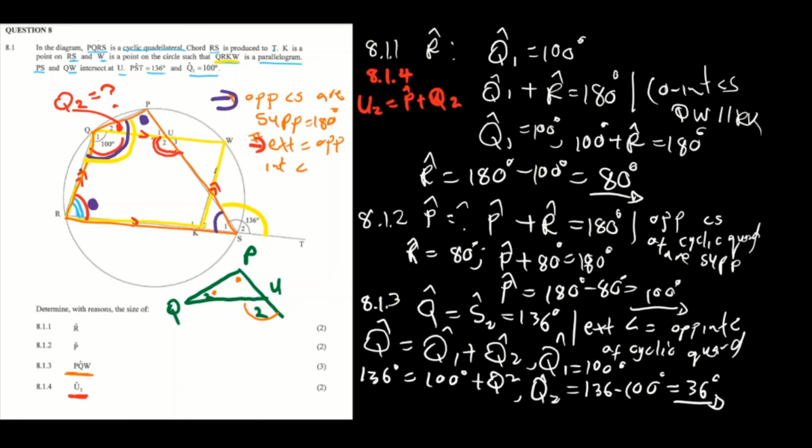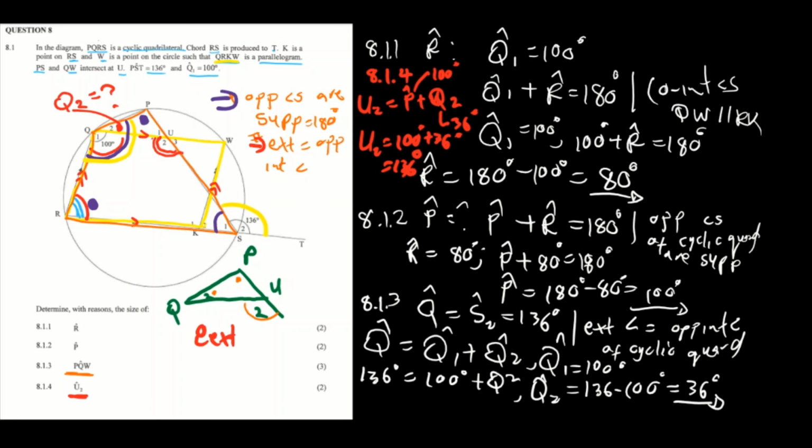So U2 is equal to angle P plus angle Q2, with angle P being 100 degrees and angle Q2 being what we calculated, 36 degrees. So U2 is just going to be 100 degrees plus 36 degrees, giving us 136 degrees.